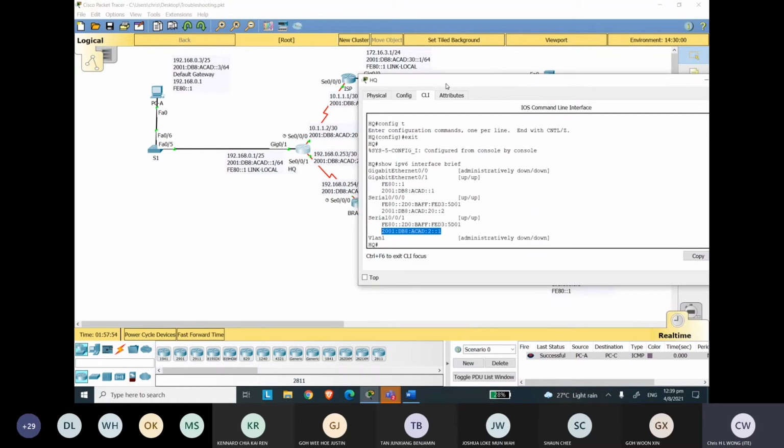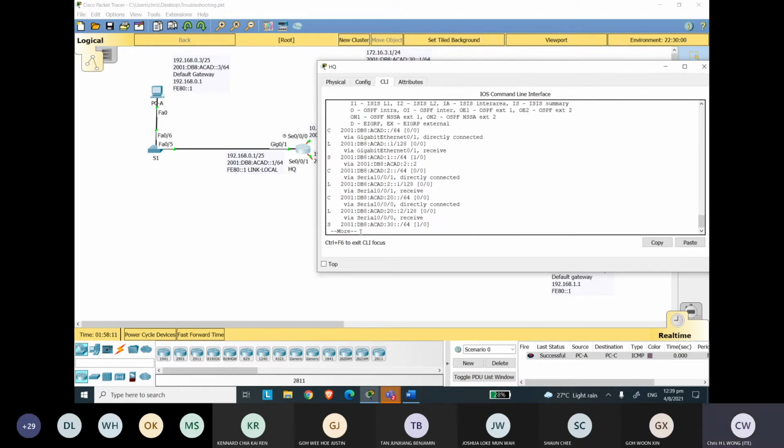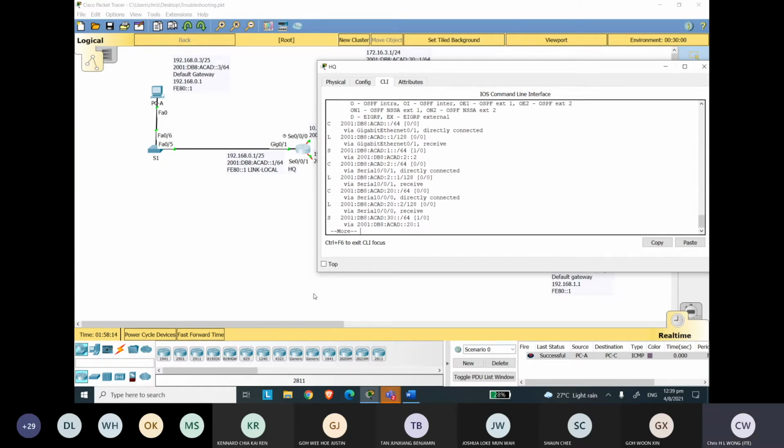So everybody go to your HQ router and type the command show ipv6 route. Okay, and study what you see inside there. This is important.